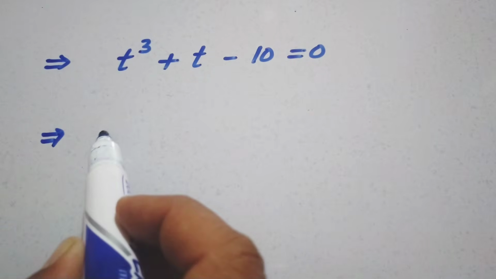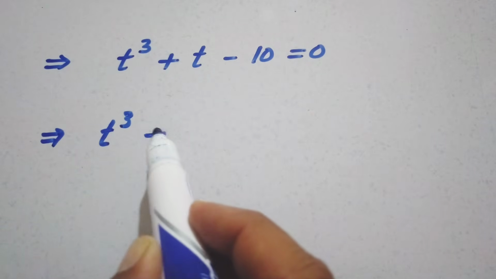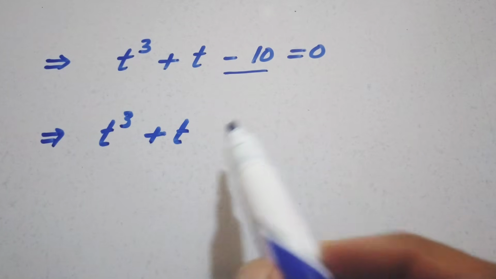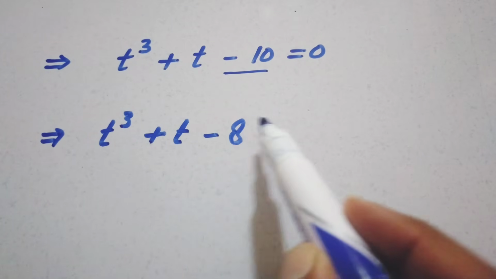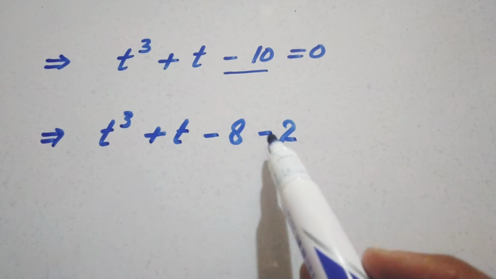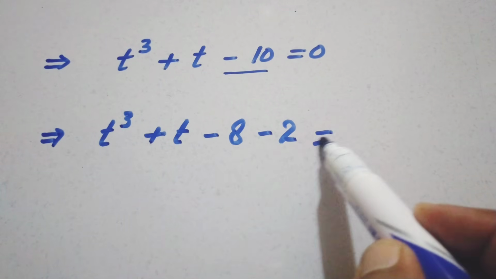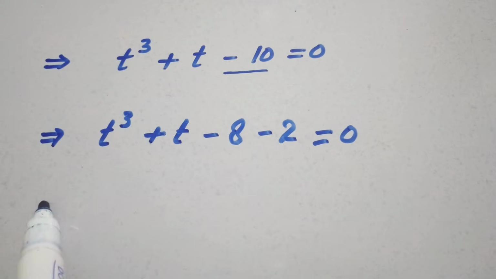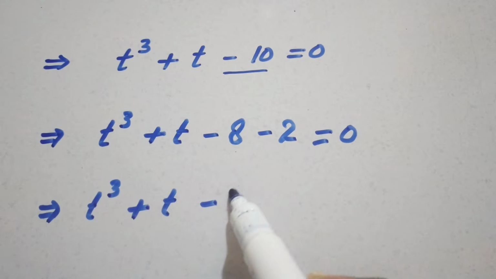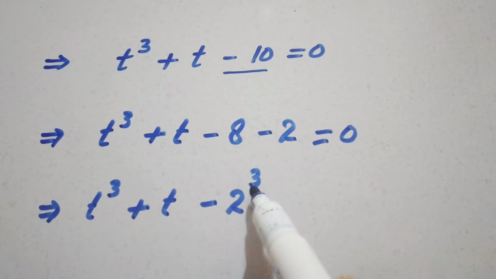Now t cube plus t minus 10, we can write this as minus 8 plus minus 2. Minus 8 and minus 2 gives us minus 10, is equal to 0. Now t cube plus t minus 8 is the 2 cube.